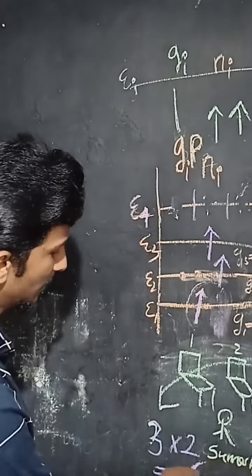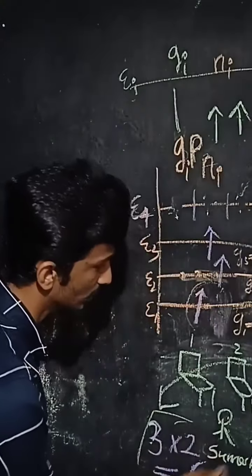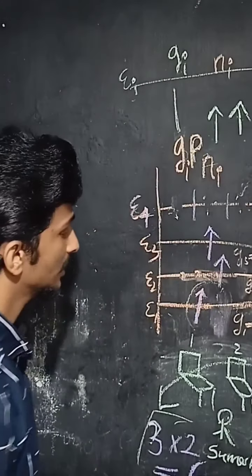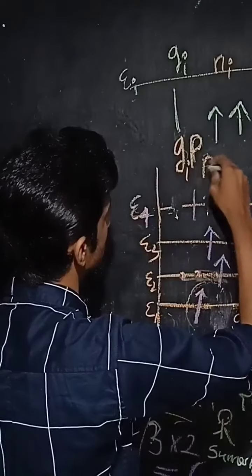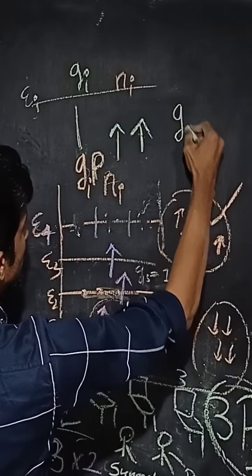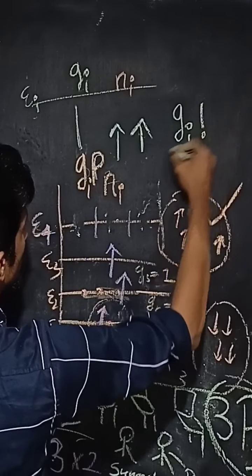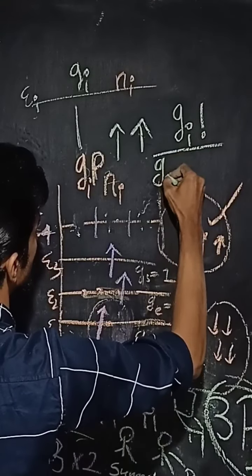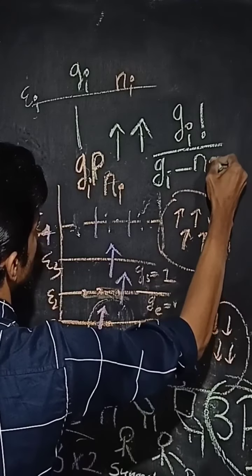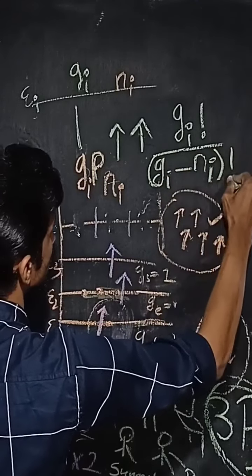This is an easy expression, 3 into 2, but in the general case you already know that gi P Ni is actually gi factorial over gi minus Ni factorial.